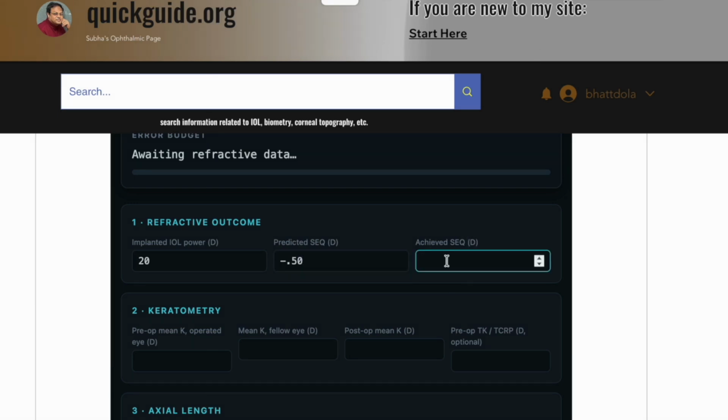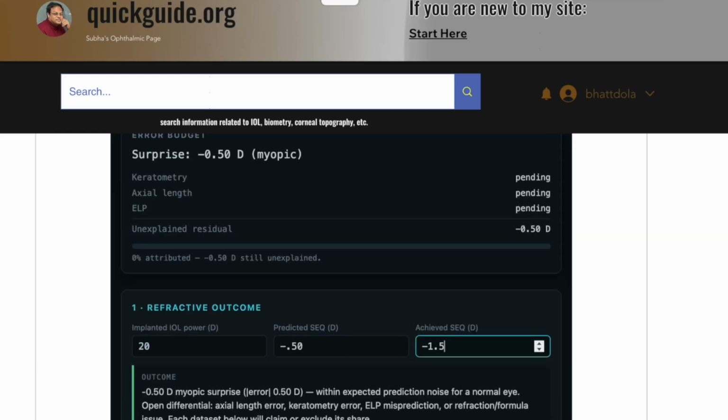And what did you achieve after the implantation? If you have the subjective refraction, what is the spherical power that you actually achieved here? Say that is minus 1.5 diopters, right?